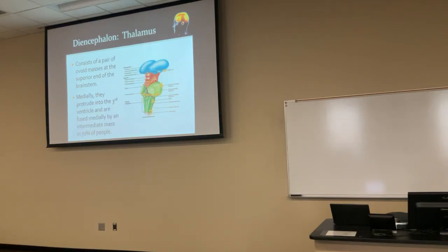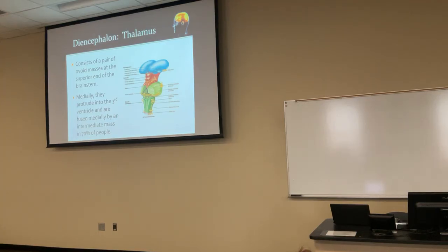All right, so the thalamus, which is shown here in blue on this slide, consists of two oval masses at the superior end of the brainstem, and they do protrude medially into the third ventricle. And in about 70% of humans, the two halves of the thalamus are actually fused right at the midline in an area called the intermediate mass.